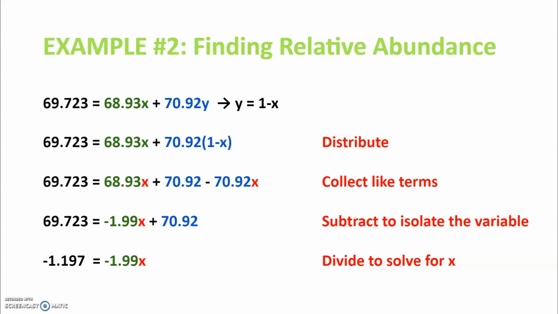Divide both sides to solve for x. And so that gives me 0.6015 equals x. If I multiply by 100, then that percentage would be 60.15% of the sample is the first isotope that weighs 68.93.